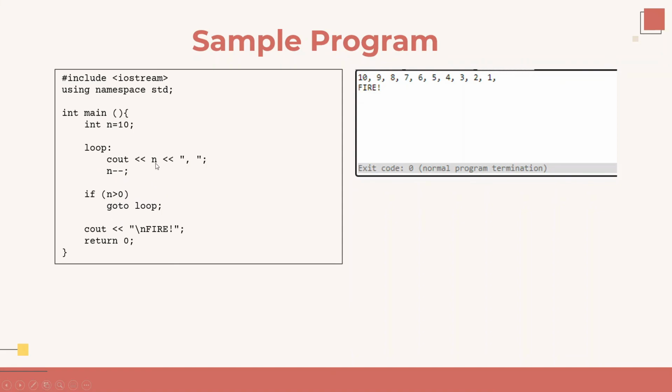So cout 9, comma, and then the program will decrease the value of n. So the value of n is 8. If the value of n is more than 0, the value of n is 8, so go to loop again and so on. So we can print the output 10, 9, 8, 7, 6, 5, 4, 3, 2, and 1, and then cout fire.